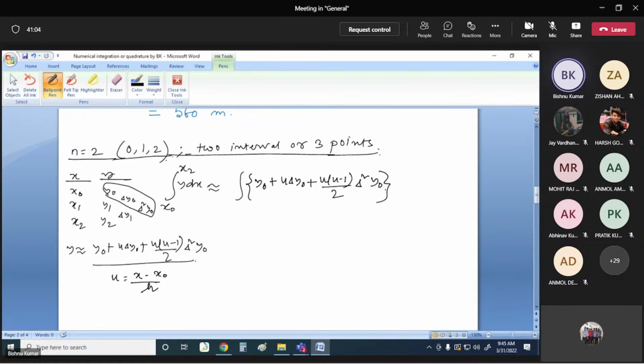Actually, outside h, in overall this, you have to put the u value. These are the u actually. Don't think h. Okay. You have to put the limit 0 to 2.